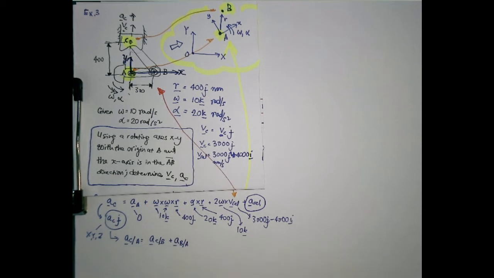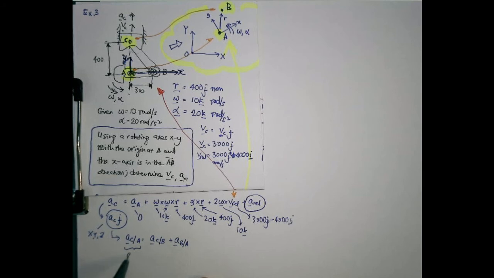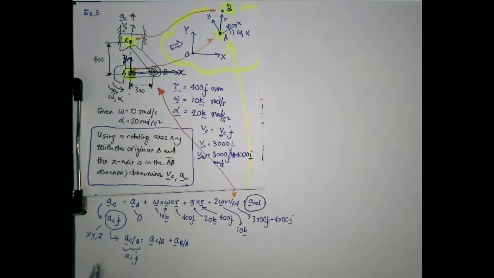And this is already known, to be ACj. So then we have to find AC relative to B. The C relative to B has two components: the normal component plus the tangential component.